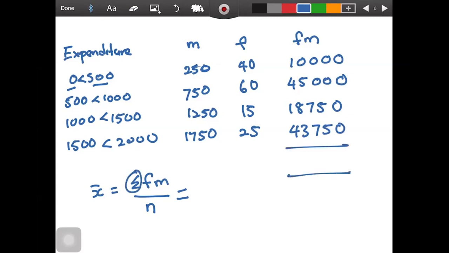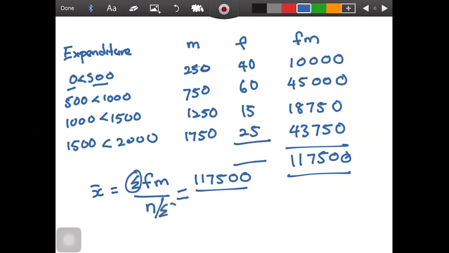Because you have the sum here, you need to total: 43,750 plus 18,750 plus 45,000 plus 10,000, which is 117,500. Then 117,500 divided by n. N is the sum of frequency, which is 140: 40 plus 60 plus 15 plus 25.